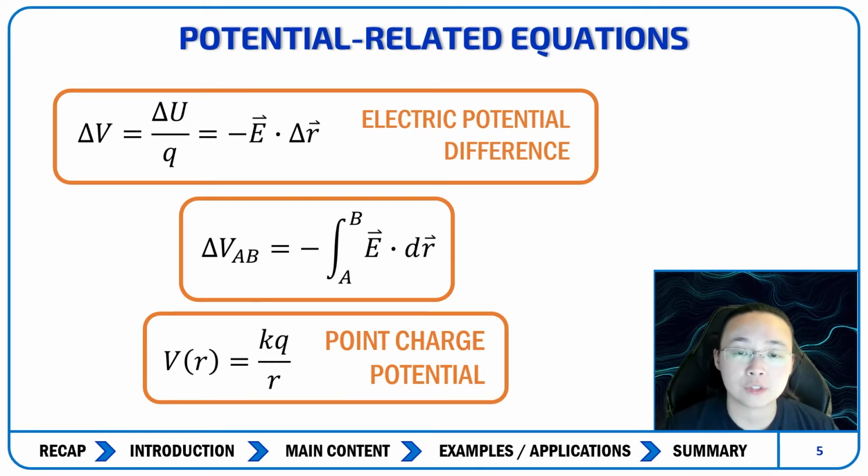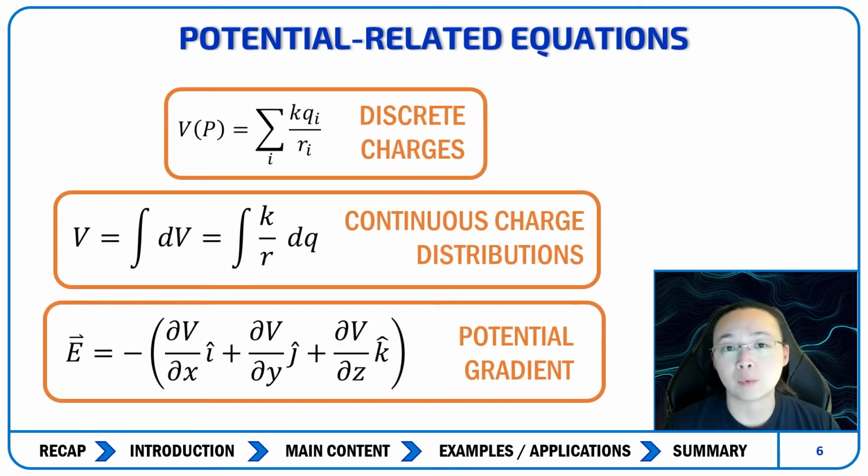And that is equal to negative E dotted with a change in distance. So we can actually rewrite the equation for potential difference as the negative integral from A to B of E dotted with dr. Now, if you're looking at a point charge, you have V equals KQ over R, but sometimes you don't have a point charge.